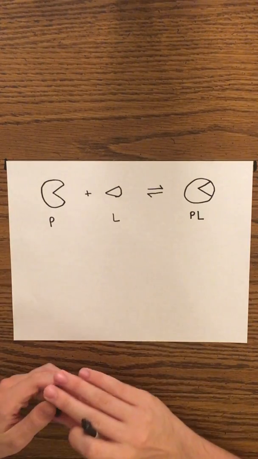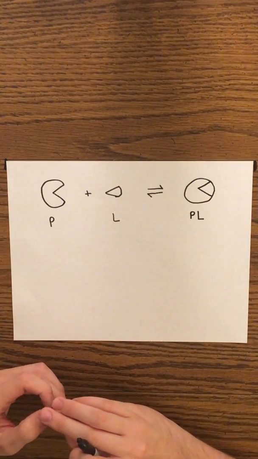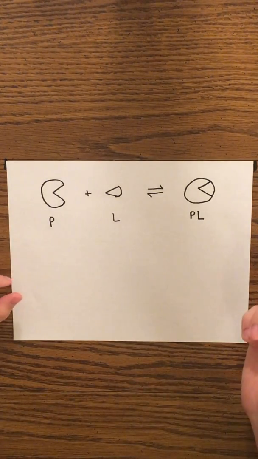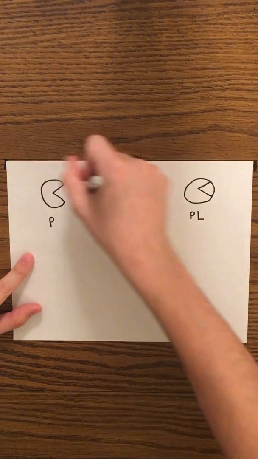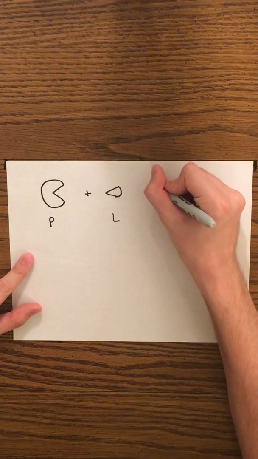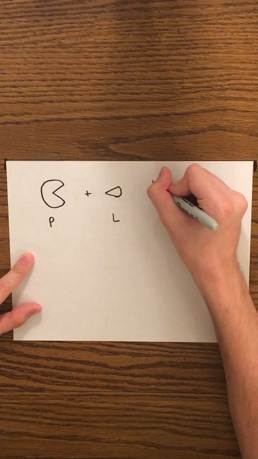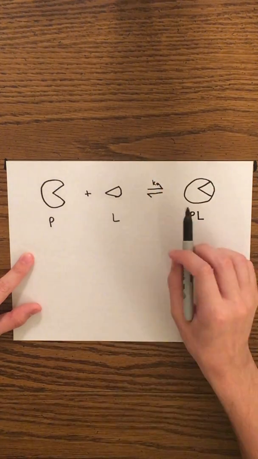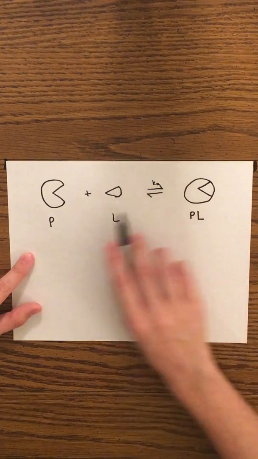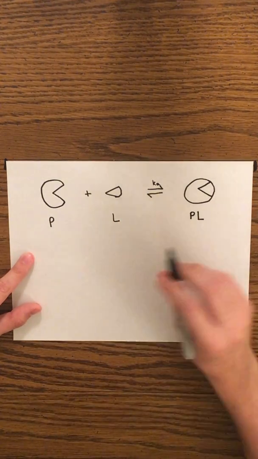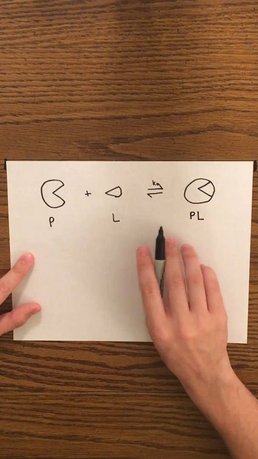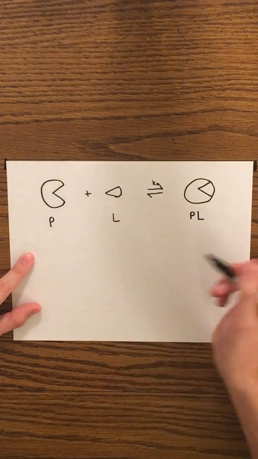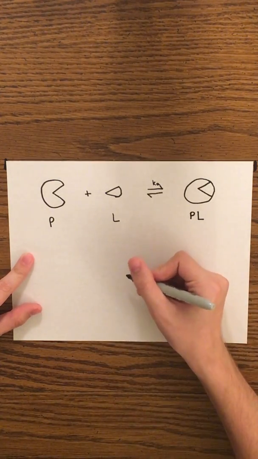Now, let's sort of idealize the situation and say that this forward reaction, which has a rate constant that we'll call Ka, is the association reaction. And we're going to say that that's first order with respect to P, with respect to L, so it's overall a second order reaction.